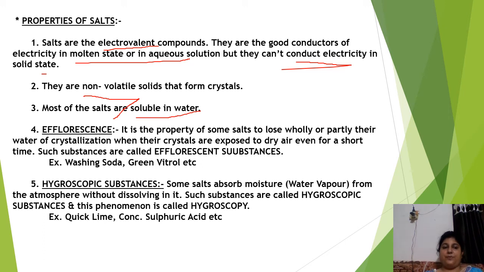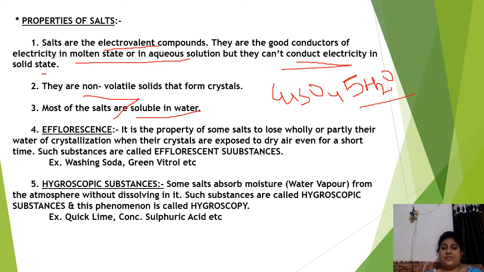Now some important properties. The first one is efflorescence. See beta, we just read that there are some salts which possess water of crystallization, meaning water molecules are added over there. For example, copper sulfate blue vitriol CuSO4·5H2O, white vitriol, that is zinc sulfate ZnSO4·7H2O, green vitriol FeSO4·7H2O, iron sulfate. These substances have water of crystallization.